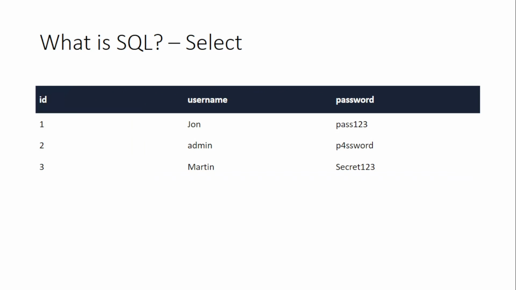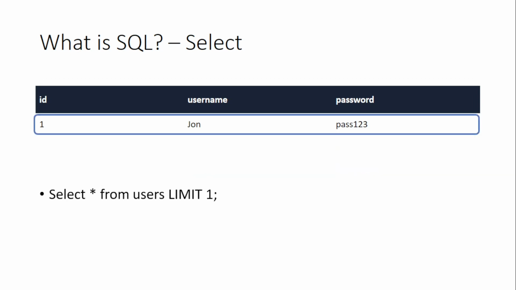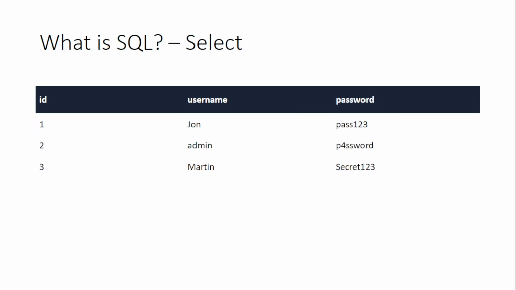Now, if you want to retrieve only the first row, for example, we can use limit 1. So this, as you can see at the end, select asterisk from users limit 1, forces the database only to return one row of data. So you have to know that we can still use limit in another way.